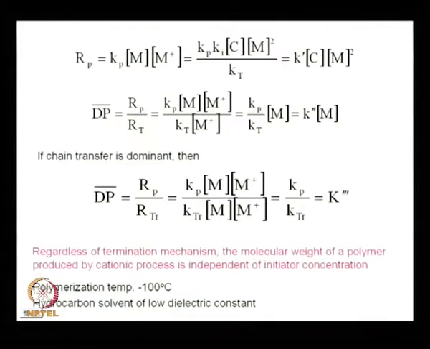Okay. So, for that reason, if the reaction can be carried out at low temperature, provided it is so active, one can get very good control over the polymerization. If the termination is dominated by chain transfer to monomer or to polymer, then you see this dP is independent of either monomer concentration or catalyst concentration.